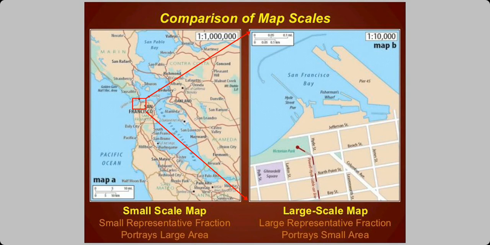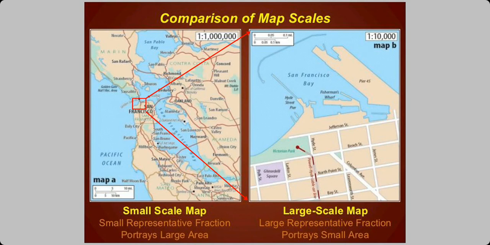So the one on the right hand side is showing more detail. It's a large scale map. And the one on the left hand side is showing less details. It's a small scale map. But the small scale map is showing a larger portion of land. You can see the bay and the sea and the neighboring area, the neighboring towns. But in a large scale map, you can see the streets, also the parks, the piers.